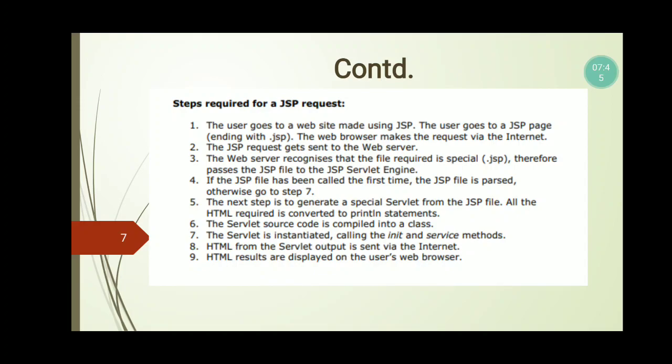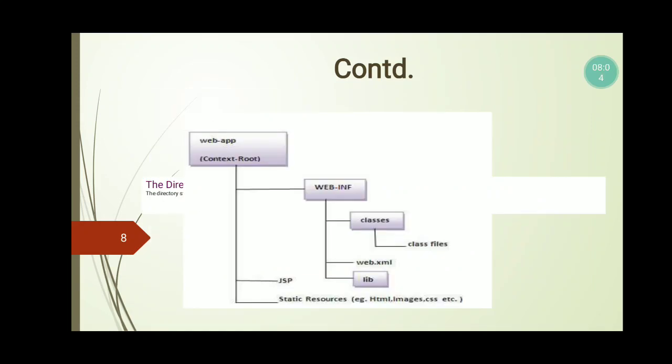As an example, suppose your program name is index.jsp, then your path will be http://localhost:8080, which is the very common port for JSP and Servlet, /myapplication, suppose this is your root folder name, /index.jsp, and then your JSP will be executed.